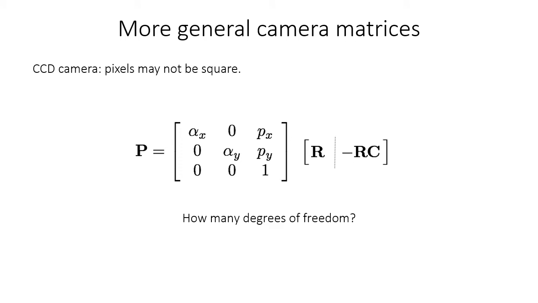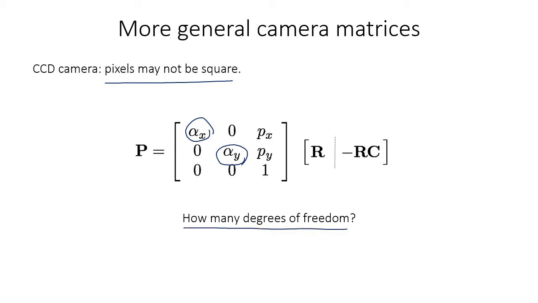However, in CCD camera or CMOS camera, pixel may not be square. So in that case, we cannot use single value of f, but we have focal length for each axis, x and y. So alpha x is focal length in x-axis, and alpha y is the focal length in y-axis.